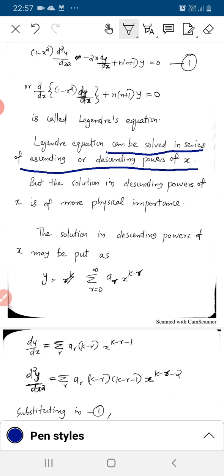We solved the simple harmonic oscillator problem and the Bessel equation in the ascending powers of x.